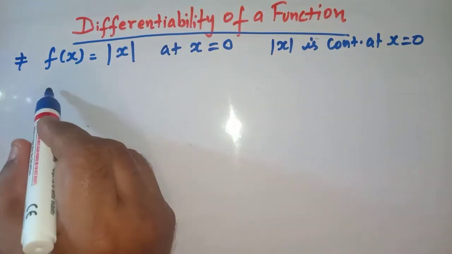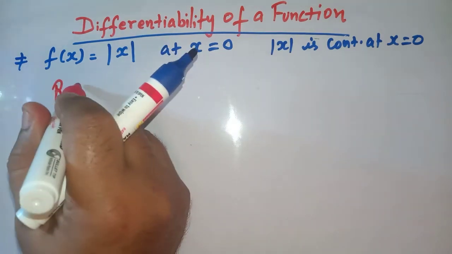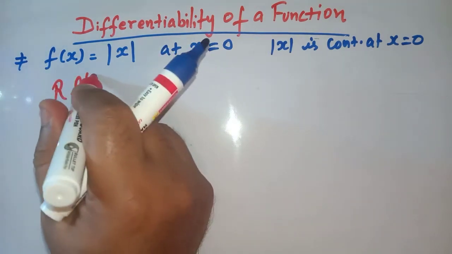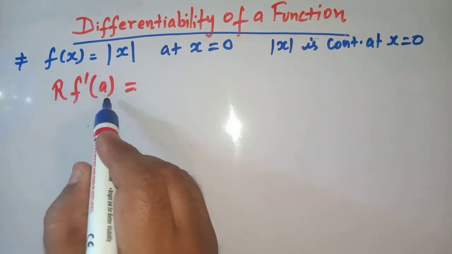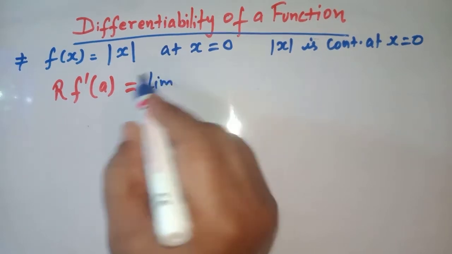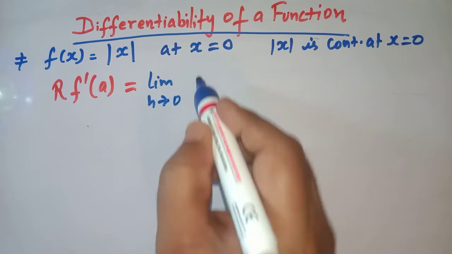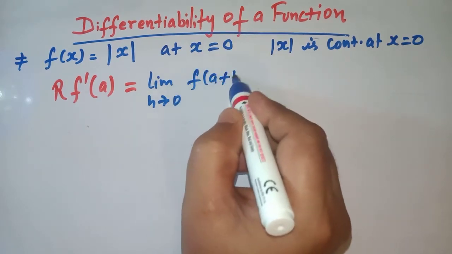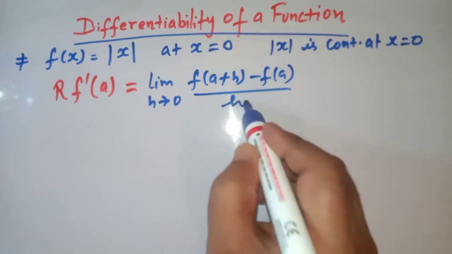Now for this we'll find the right hand derivative at point a. Clear? So R f'(a) is, as we have just seen, limit h tends to 0 of f(a plus h) minus f(a) over h.